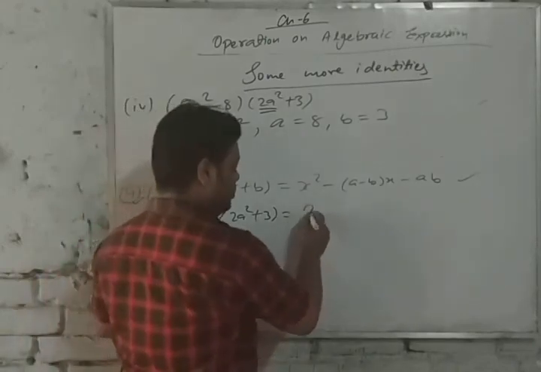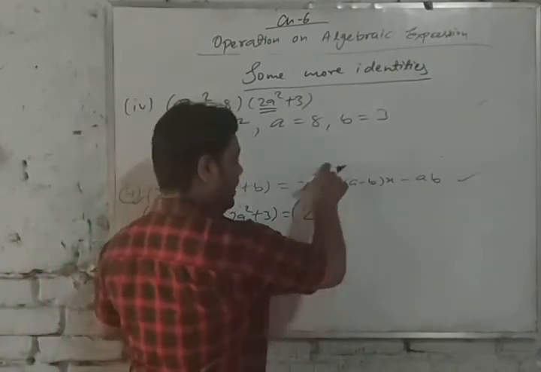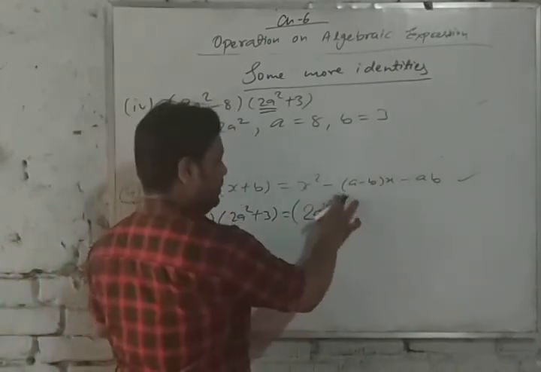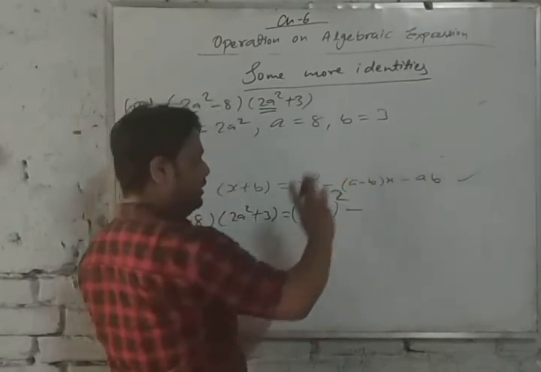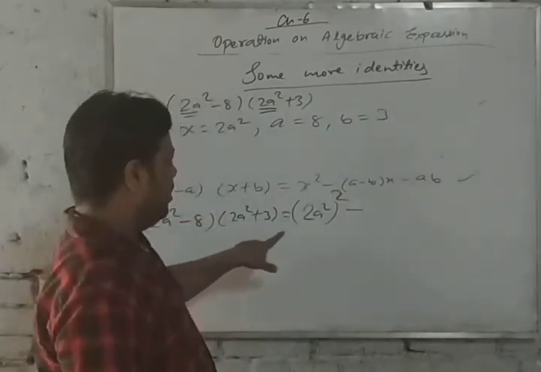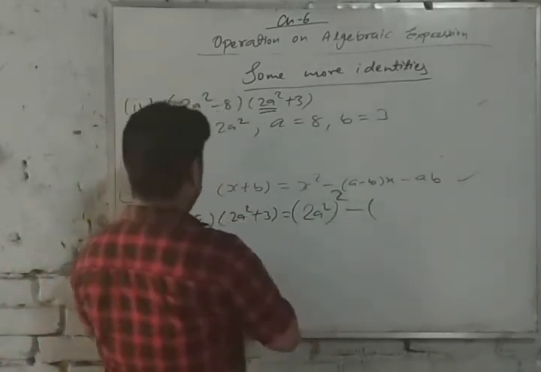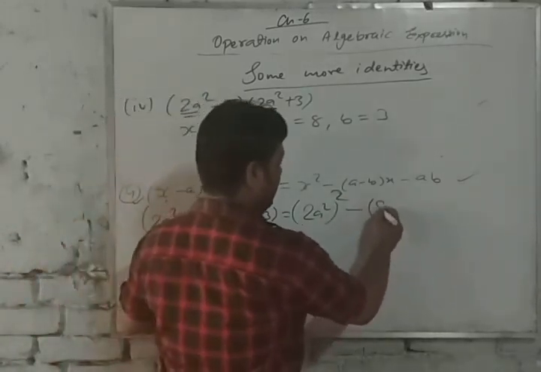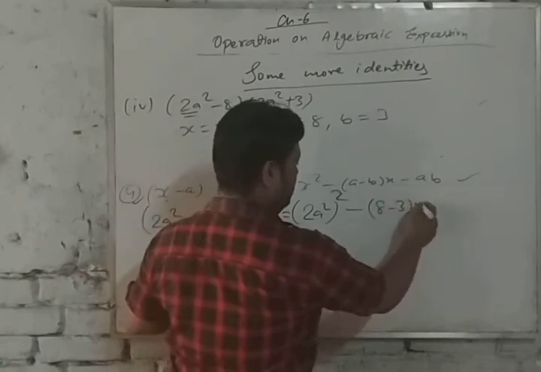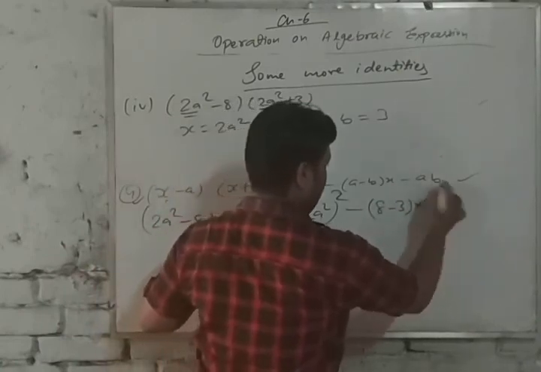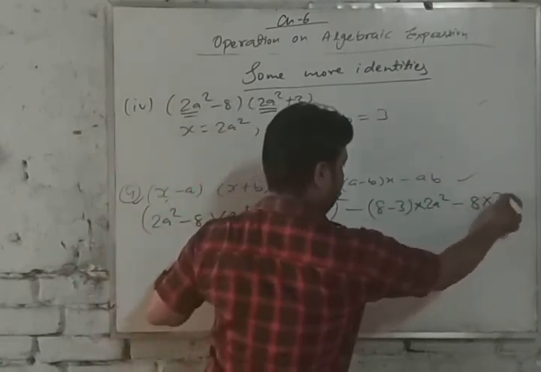Okay. So 2a square, it has an exponent of 2. Now there is no need to write the value of x in the bracket. Okay. Now here a only, the value of a is 8 and the value of b is 3. And instead of x, we will write 2a square.